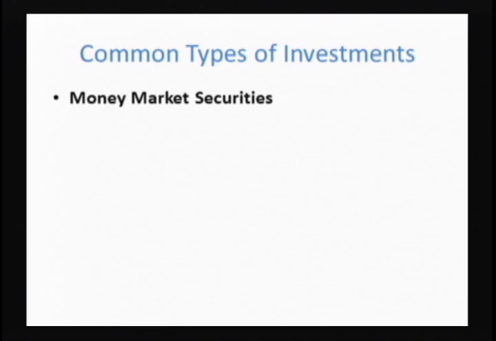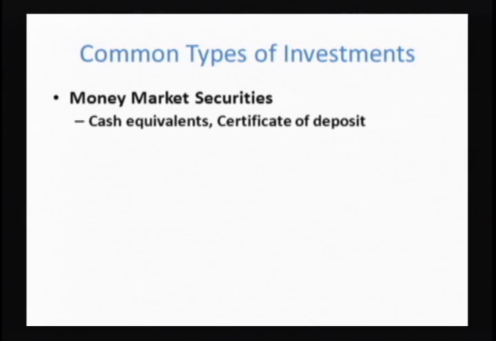Some common types of investments. We have money market securities, cash equivalents, certificates of deposit. Basically, we're talking about things that are very easily converted to cash. Low interest, you can take care of these at your bank or credit union.